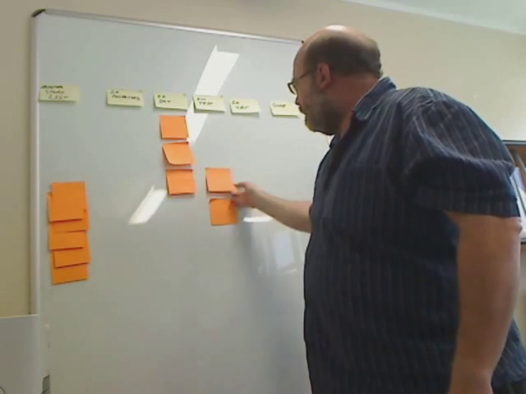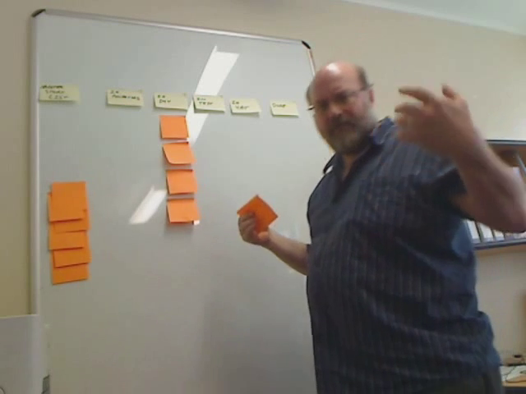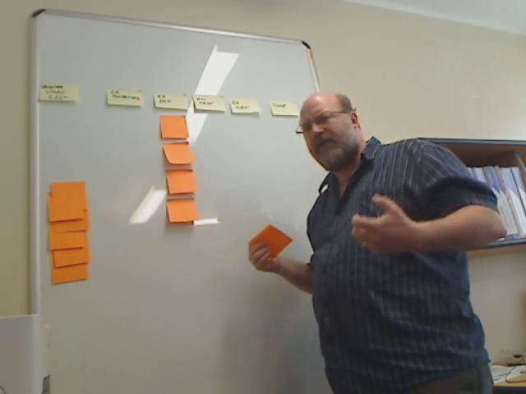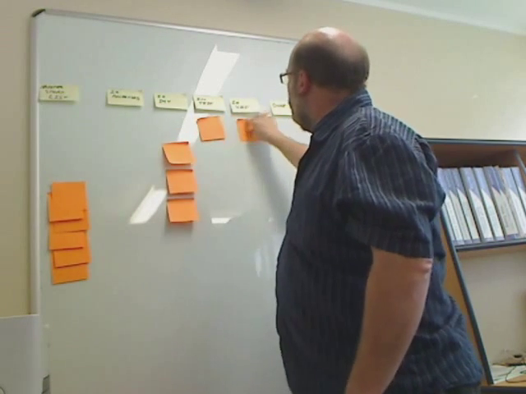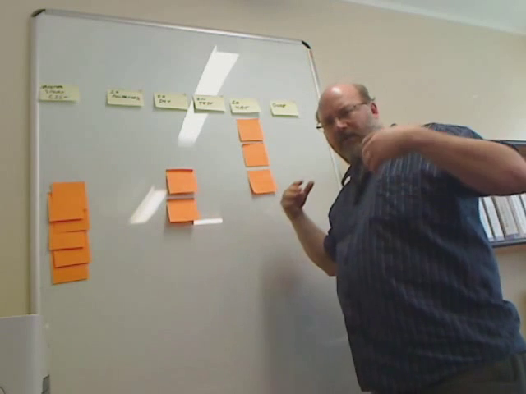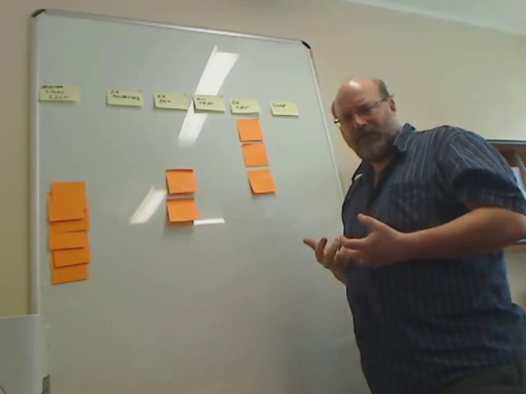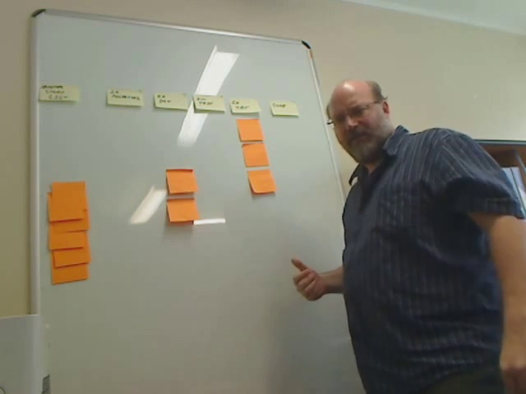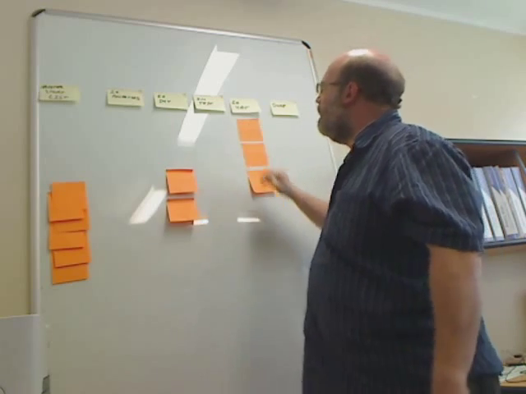Likewise, if the stories are piling up in the development column, then the developers are probably overloaded. And if they're piling up in the UAT column, our customer reps are not able to provide us with the input that we need and spend the time to help us move the stories through into done.